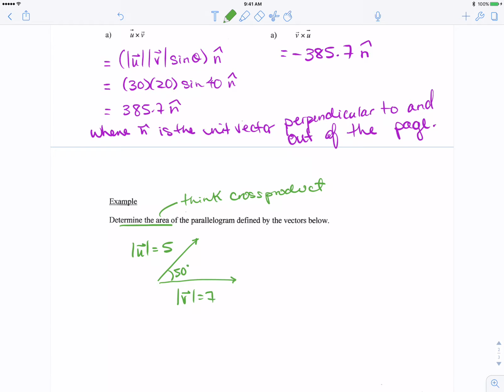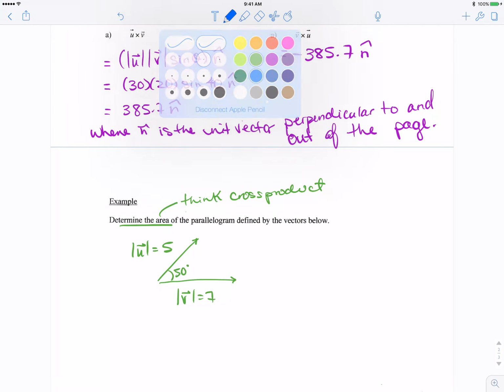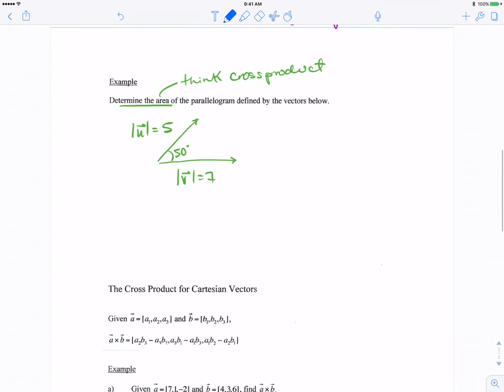Now, looking at the area, this is how it's working. So everything in green would be what is given in a question. That's the area. I can see that I can divide that into a triangle. This is just the reasoning behind why our formula works. So when I'm finding the area, I'm finding the cross product.